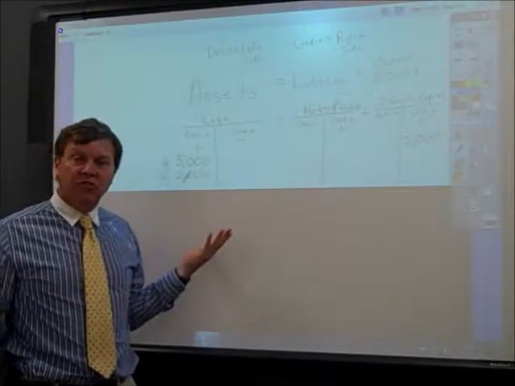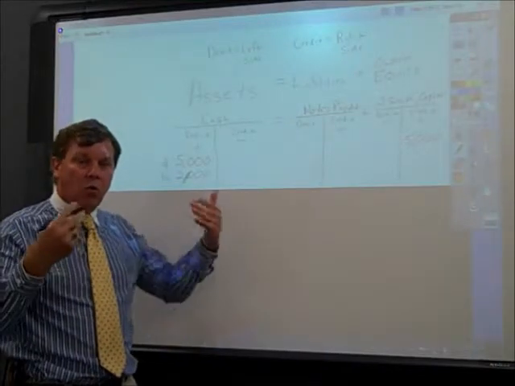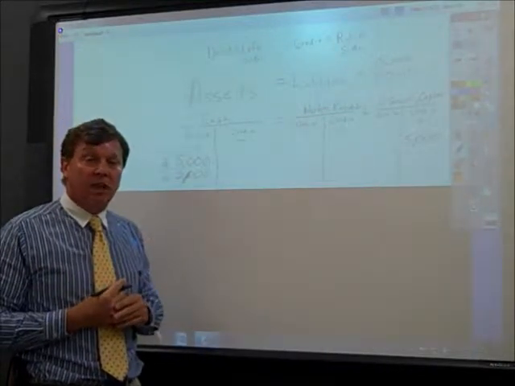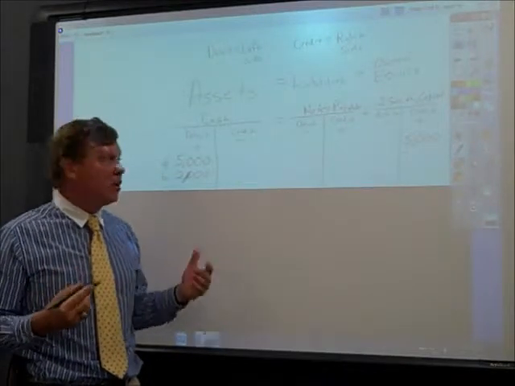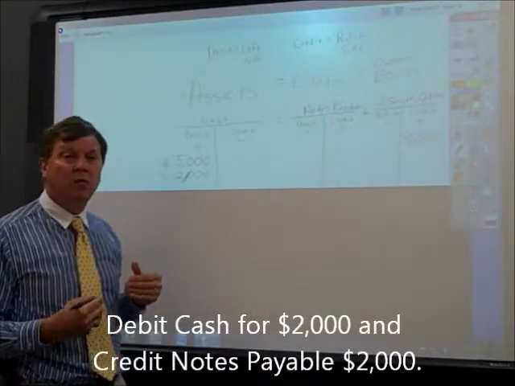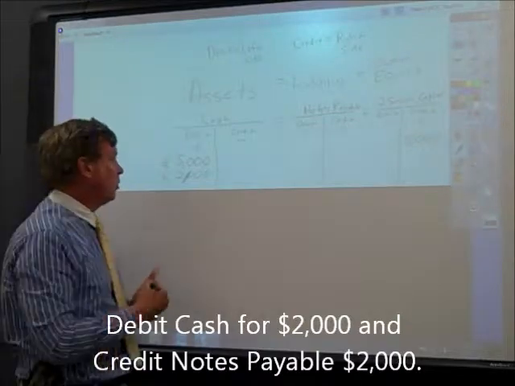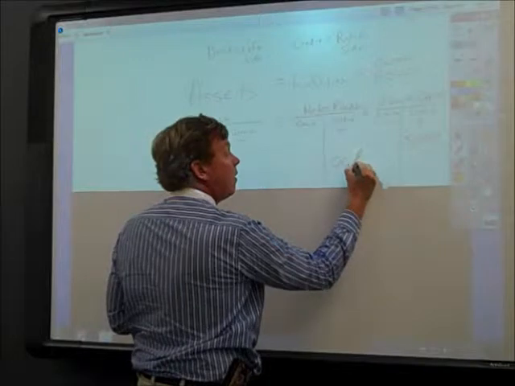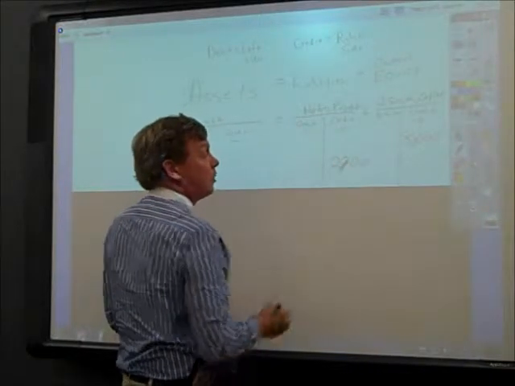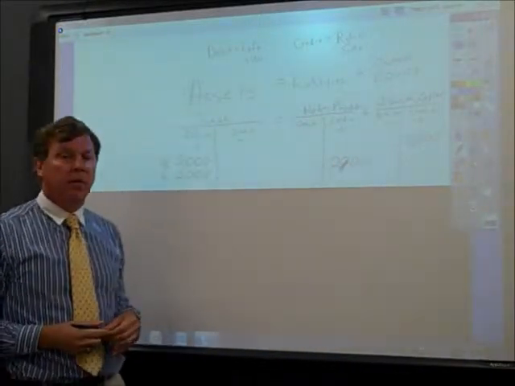Every transaction has two parts. So we asked ourselves, what did we give in that transaction? In this case, we gave a promise to pay to the bank, and we call that a notes payable. What we give is what we're going to credit. So we're going to credit notes payable.